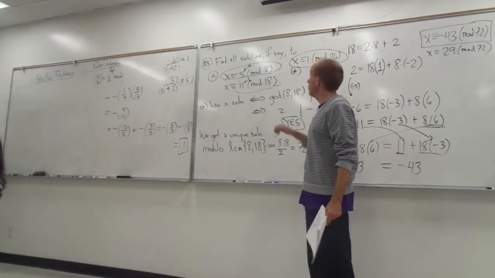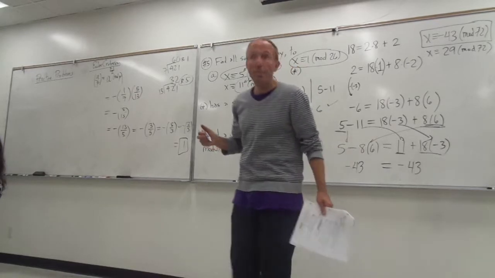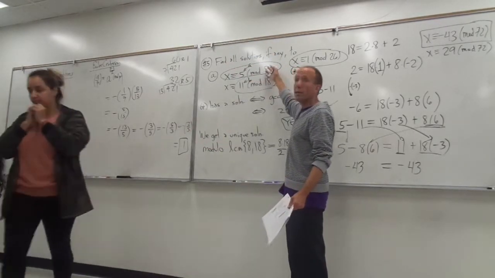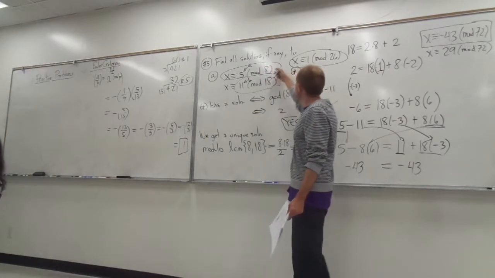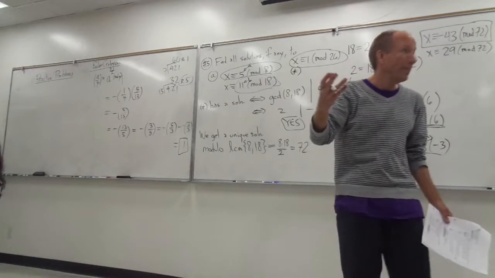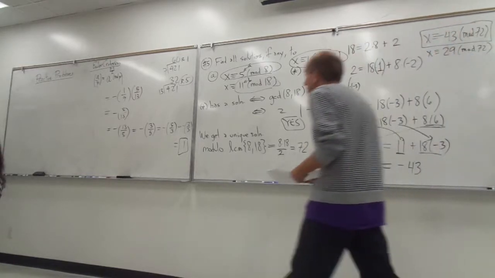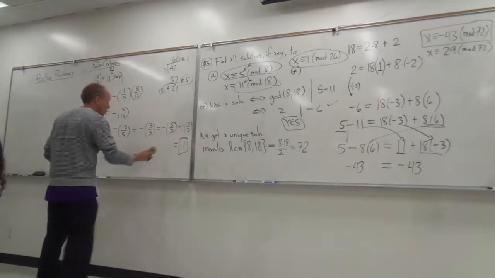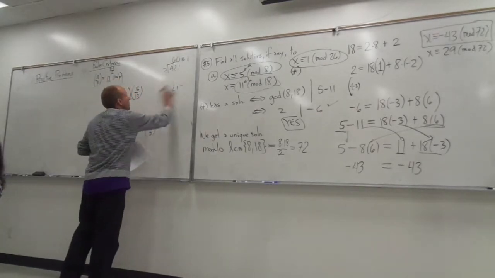What you would want to do would be to take them 2 at a time. Okay, so figure out the first one. This would give you a solution modulo 72. Then you would take the 72 and pair it up with the 26 and play the game again. Right, so you can do this with more than just 2 of them, but then it takes a little bit more patience to get to the answer. Okay.